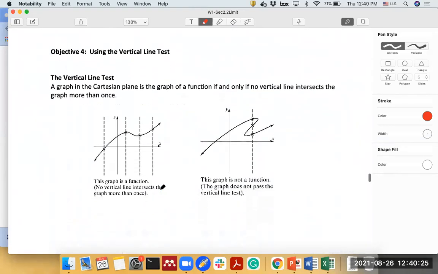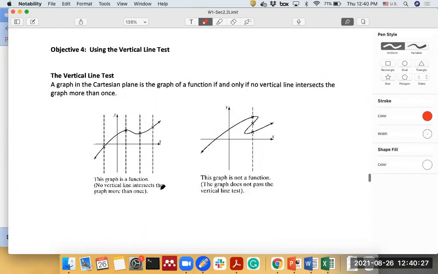And there's a very useful test here. We call it the vertical line test. It is in section 3.1, the function in the previous class, 1021. You can review it. So a function, when we give an input, one value of x, gives one value of output. So the test will be like this.